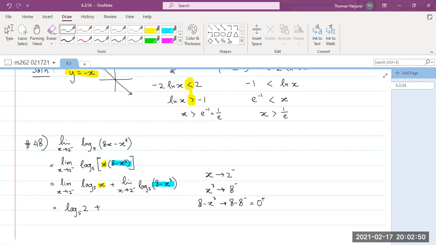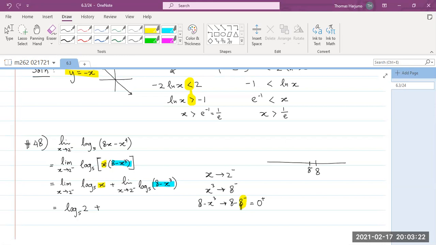Is it zero on the positive side because of the two negatives there? Not because of two negatives, no. Because you will have 8 minus something slightly less than 8, because this 8 is approaching from the negative side. Let's say 7.9, or 7.99999.